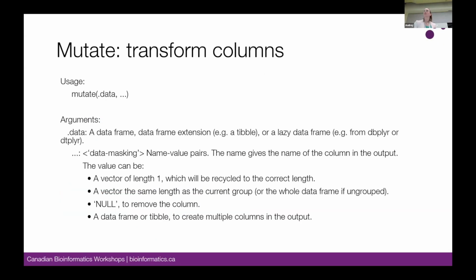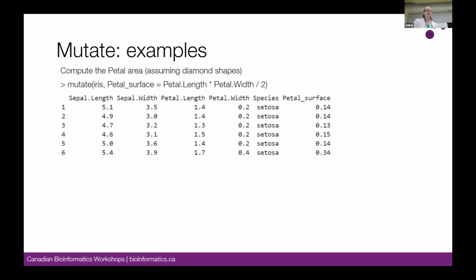And then I think the last function that I found really important to manipulate data frames and that we'll go over is mutate. It's to transform columns. And what do we mean by transforming? Is that we can apply functions using a combination of columns within our data frame.